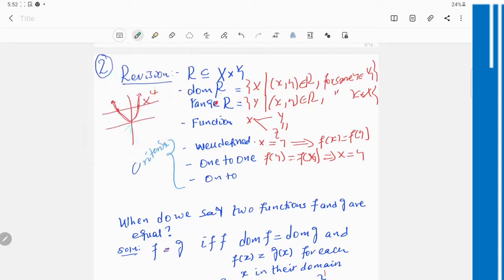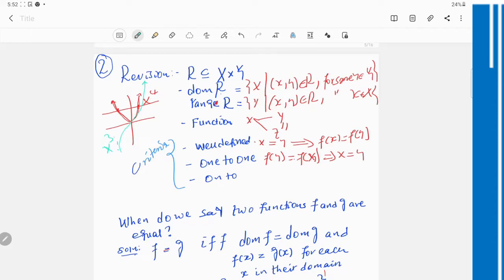For example, if you draw this graph here, it looks like the x cubed graph, or x to the power of 5 or something.